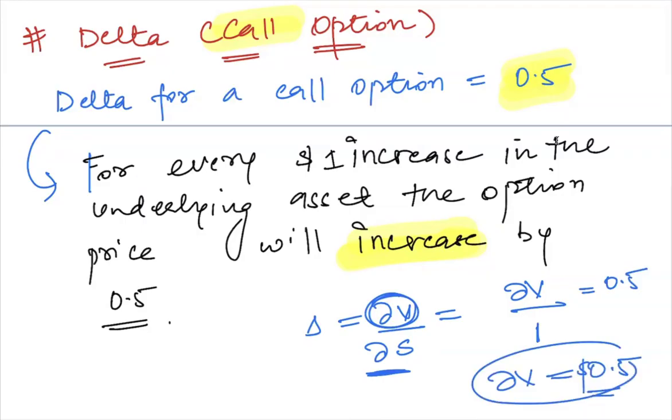So when your underlying increases by $1, your option price will increase by 0.5, which is nothing but delta.